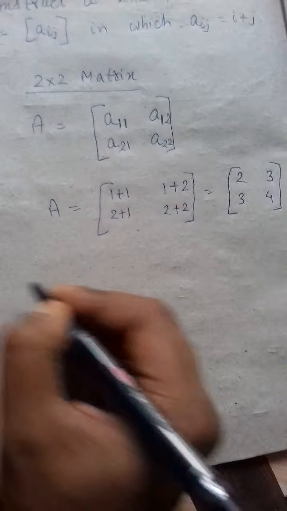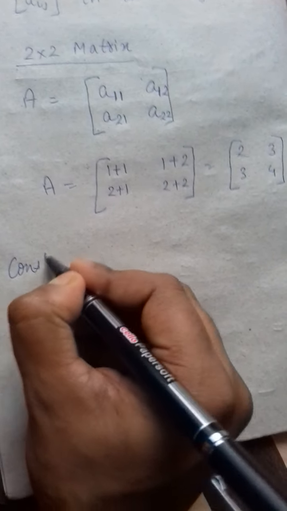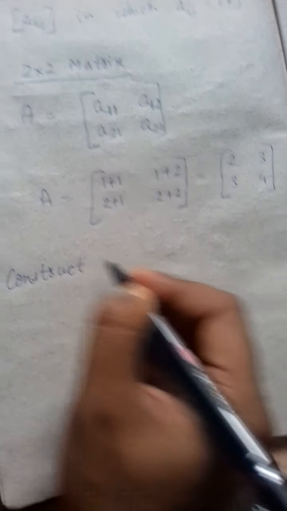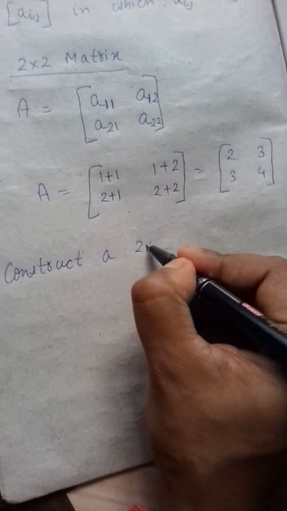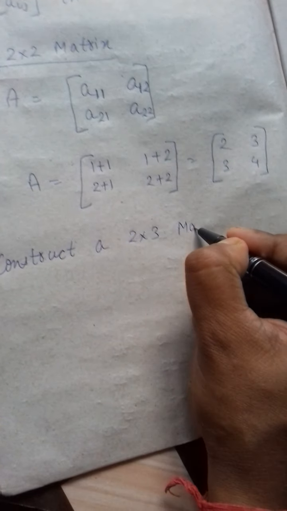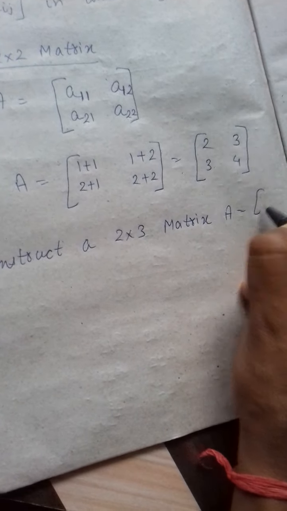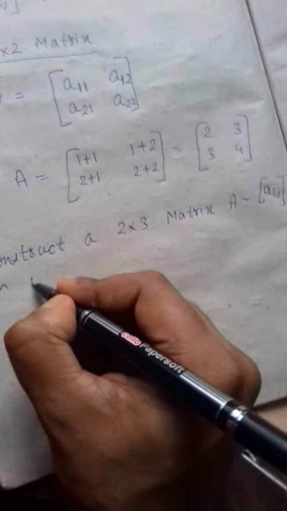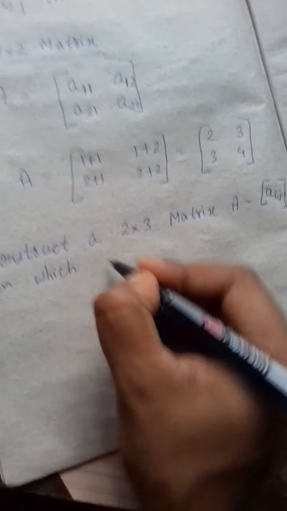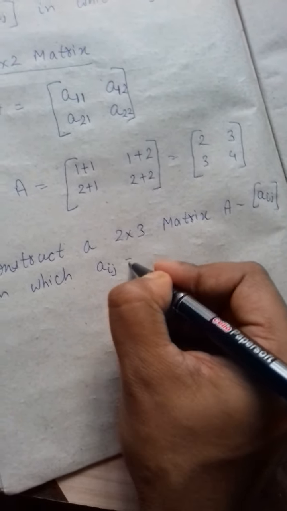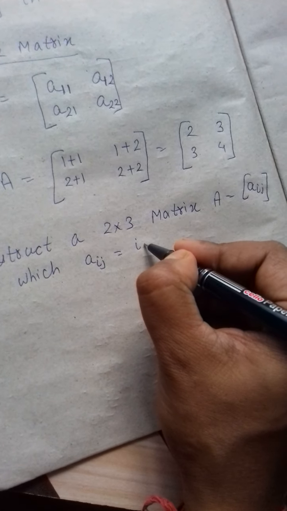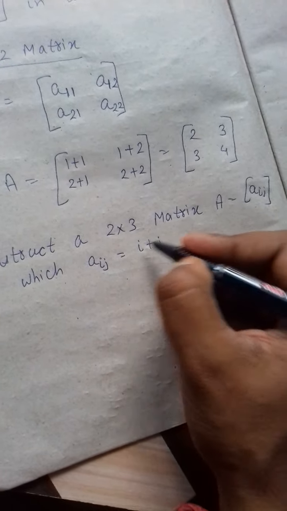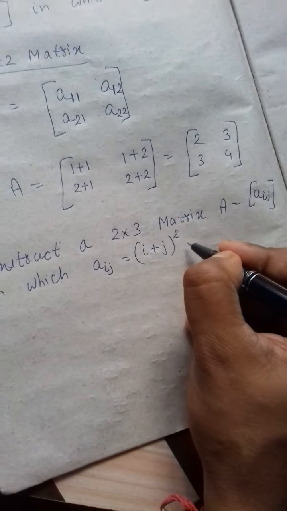We will go through another question. Suppose we have to construct a 2 by 3 matrix A is equal to Aij, in which Aij is equal to (i plus j) whole square.